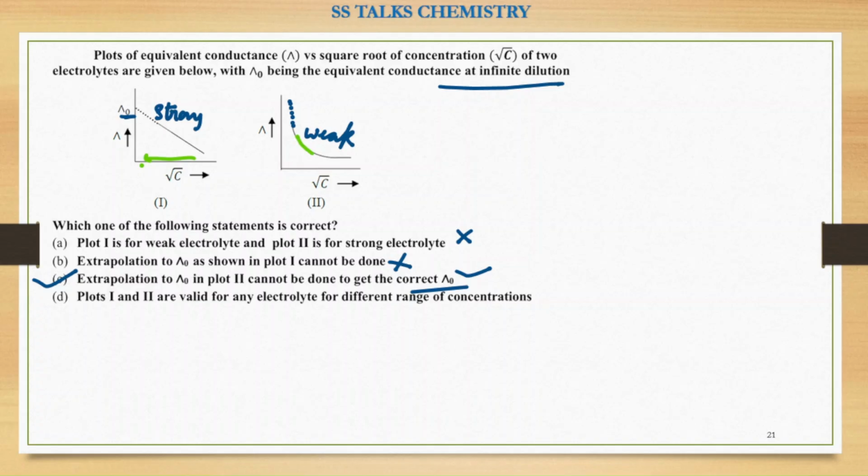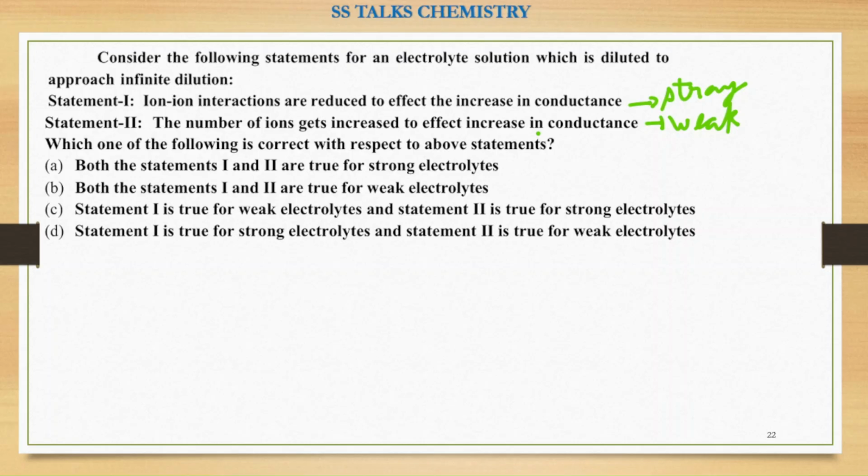The reason is that the number of ions increases, because weak electrolytes show partial dissociation. As we dilute, the concentration decreases and the increase is observed because the number of ions is increasing. So the first one is for the strong and the second is for the weak electrolytes.